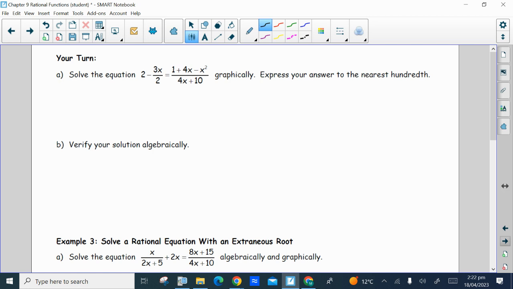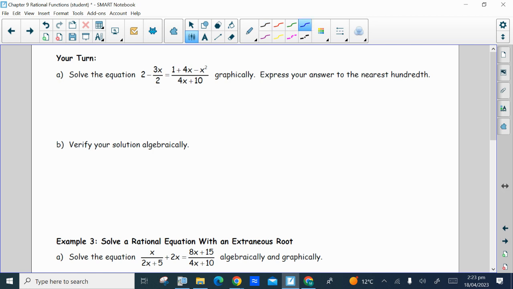So this one can be done graphically. Again, when it says to the nearest hundredth, tells us probably that the answers are irrational. So when we solve them algebraically or verify algebraically, we might have to use the quadratic formula. But we'll see. Also, for this one, we have 2 different denominators, positive 2 and 4x plus 10.